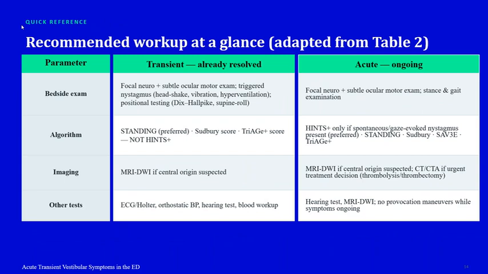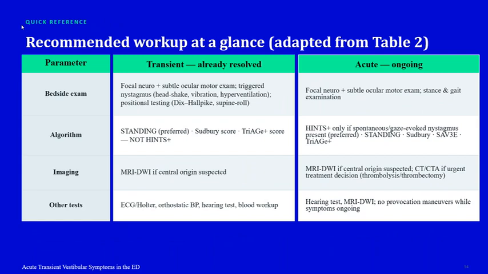So the recommended workup at a glance, adapted from Table 2, is bedside examination. For the transient, already resolved: focal neurological examination plus subtle oculomotor examination, triggered nystagmus like head shaking nystagmus, vibration induced nystagmus, hyperventilation induced nystagmus, and positional tests including the Dix-Hallpike and supine roll. For the acute ongoing, you require a focal neurological examination plus subtle oculomotor examination, stance and gait examination.